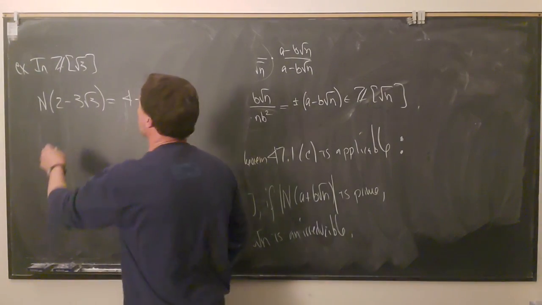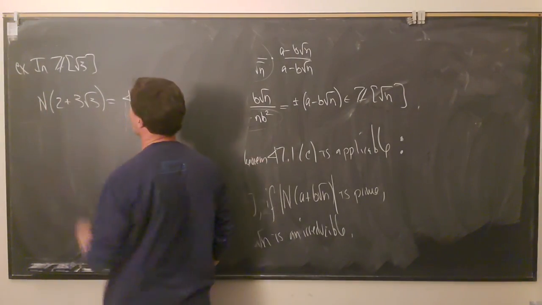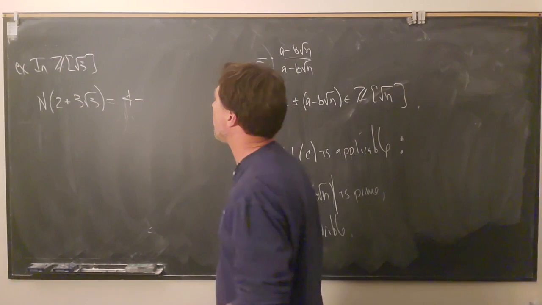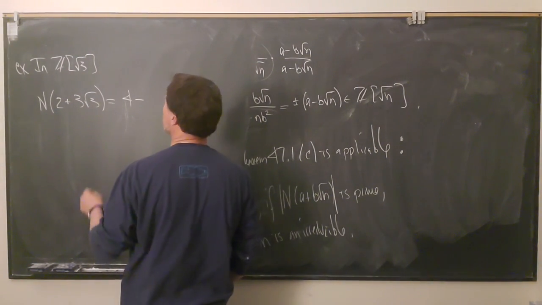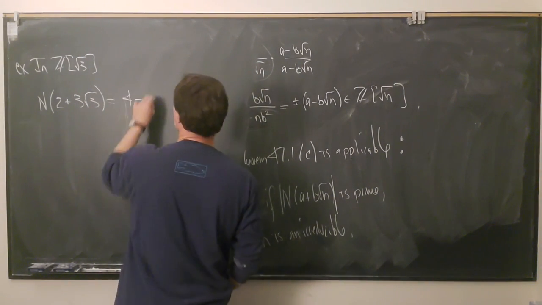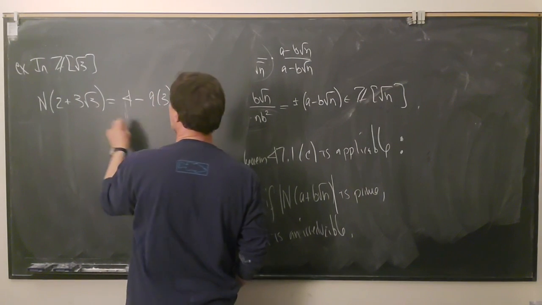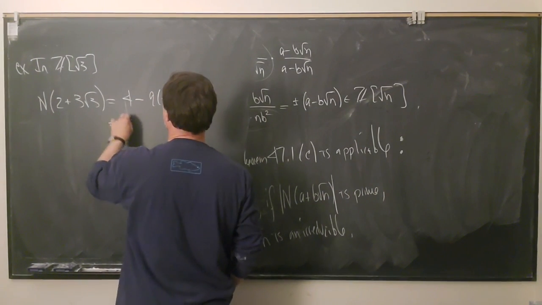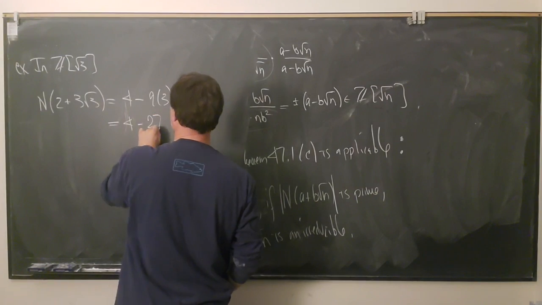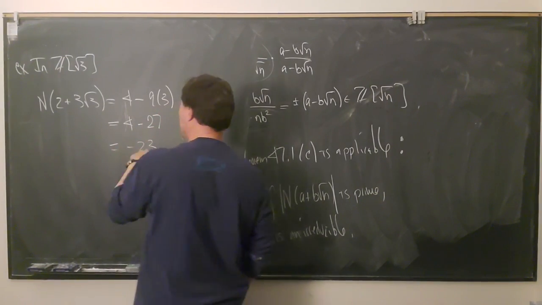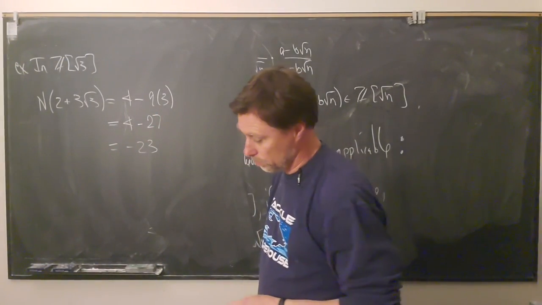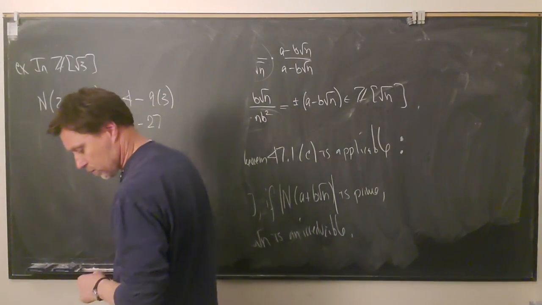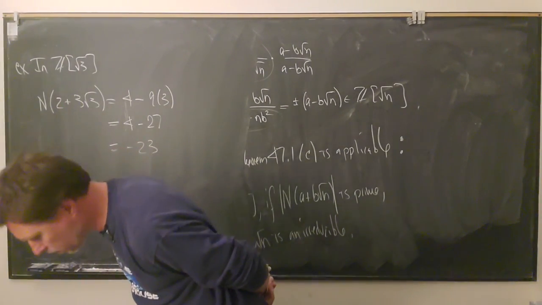Oh no, sorry, plus there. 2 plus 3 root 3, that's equal to 4 minus 9 times 3, which is equal to 4 minus 27, which equals minus 23. That's a prime.